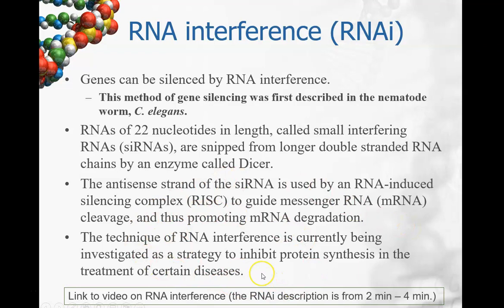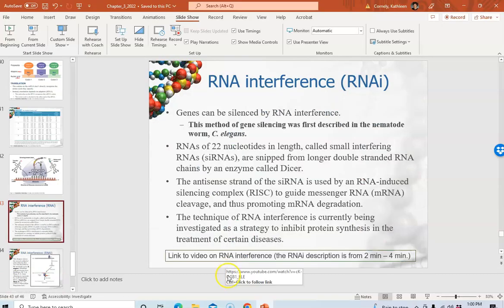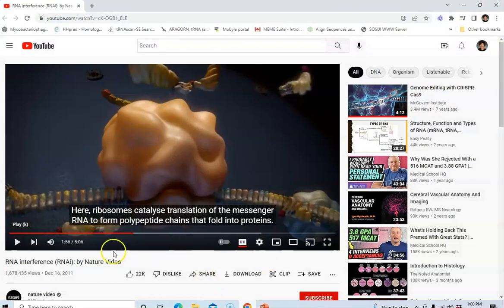So this is naturally used by the cell in regulatory processes, but it's currently being investigated so we could use these RNA molecules as drugs to inhibit protein synthesis in the treatment of certain diseases. So I'm going to show you this video. And I'm starting it at the 2-minute mark.